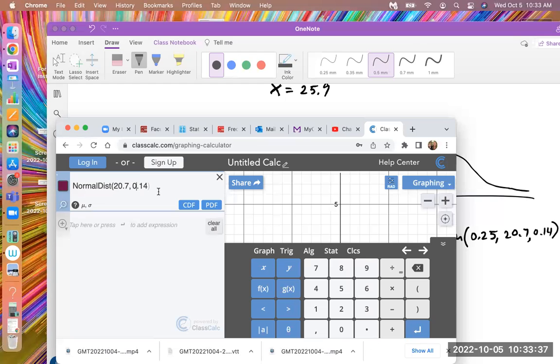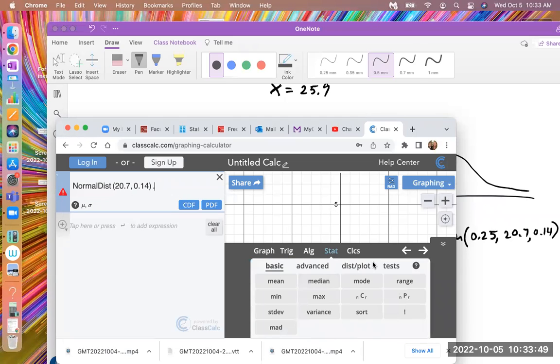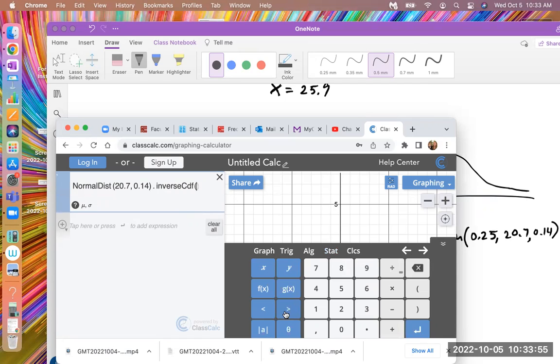I put in the mean and standard deviation. This is a little bit backwards from the TI-84. On the TI-84, you just go for the inverse norm function. But on this one, I have to put in the normal distribution, and then go to stats, dist again, and then inverse CDF. Now I put in the area under the curve to the left, 0.25.